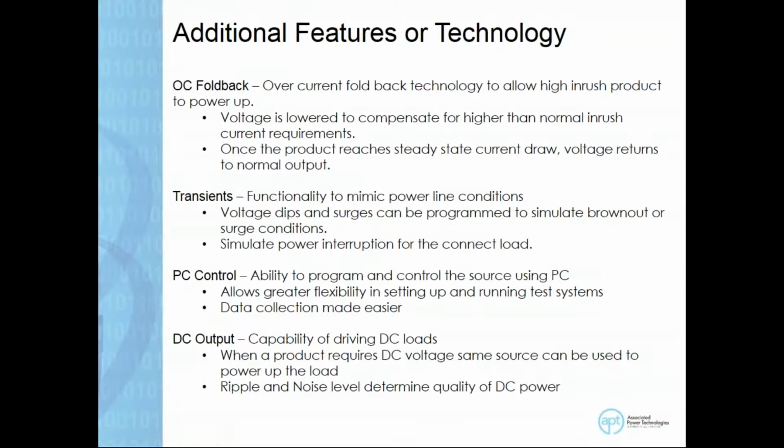Additional features or technology. Since we know what power supplies could do, it could convert input frequency and input voltage to a different output frequency and output voltage. What are some of the features that you look for? Does your power supply have a technology to allow you to have a much higher inrush current?